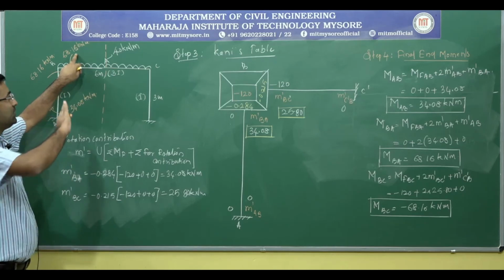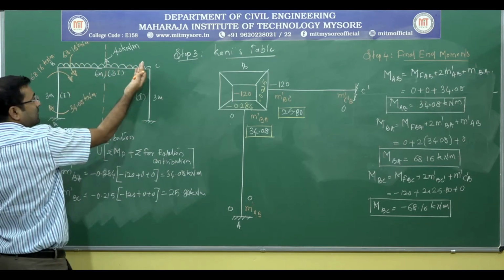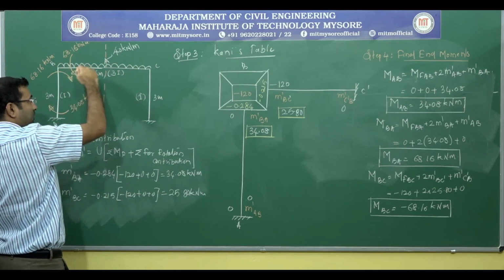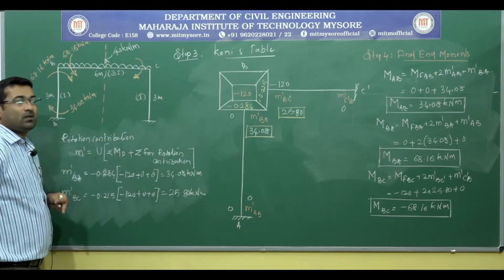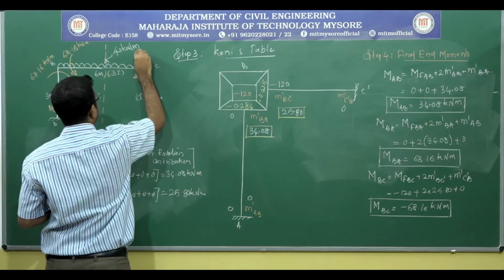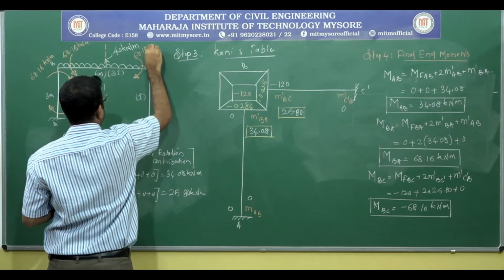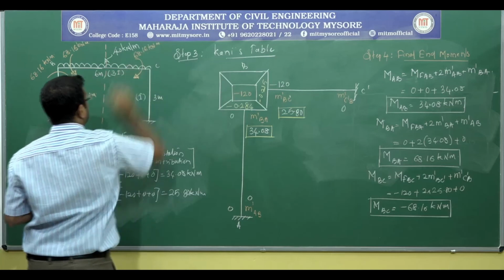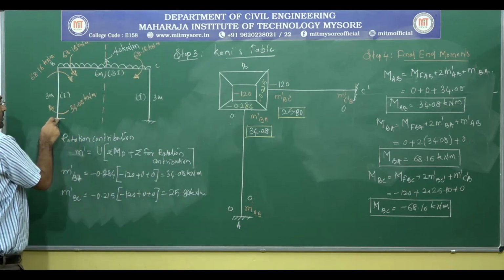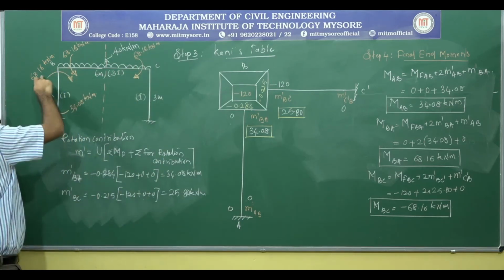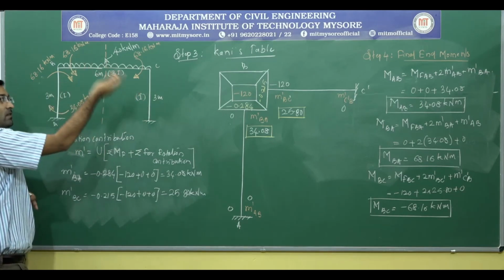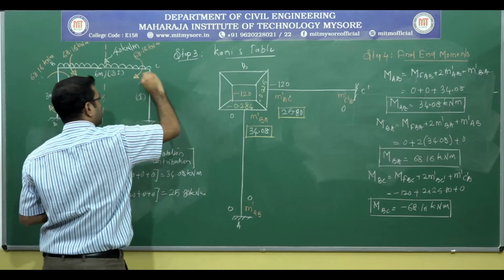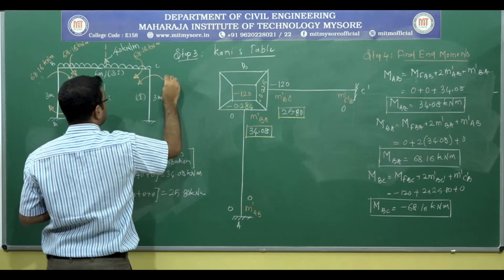As it is anti-clockwise, the mirror will be clockwise. Magnitude will remain the same, 68.16 kilonewton meter. Now for the BA member, it is clockwise 68.16, so the mirror will be anti-clockwise, 68.16 kilonewton meter.